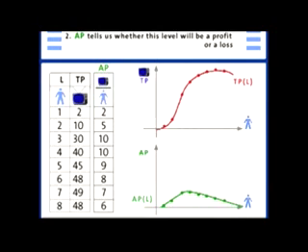If you're interested, you can find the average product of labor by taking the slope of a line that goes from the origin up to any point on the curve. And as the points on the curve change, the slope of the line from the origin also changes, and that changes your average.